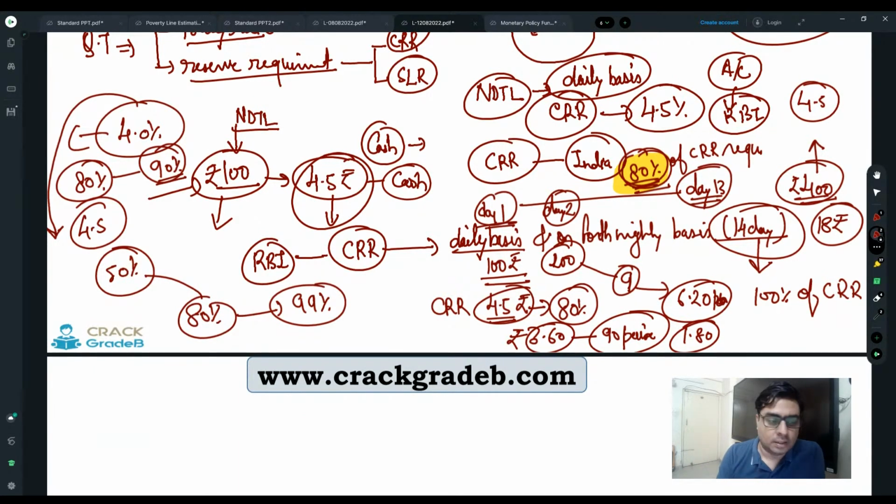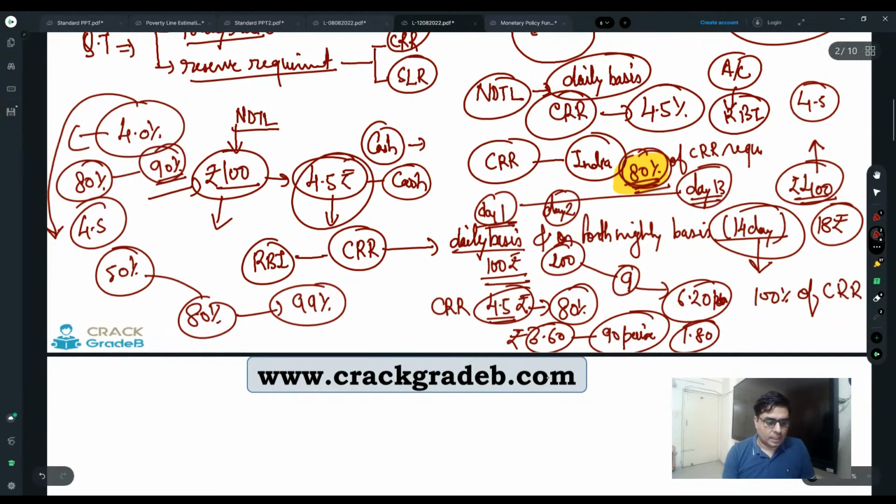But when RBI changes the CRR requirement, that means a kind of tectonic shift from the policy which RBI has been following for the last few quarters. Earlier it was 4%, now RBI has increased it to 4.5%. Why?